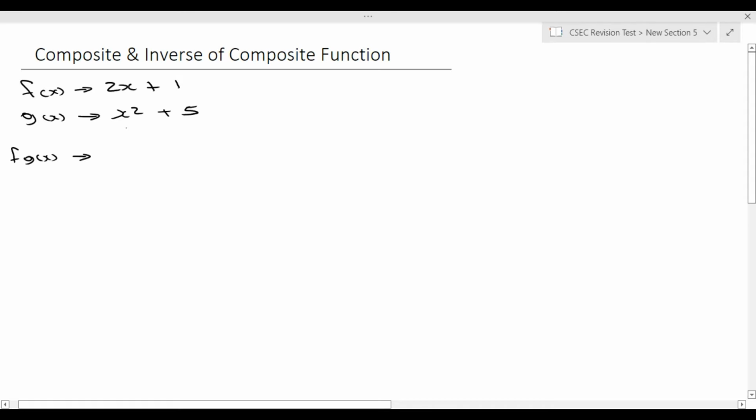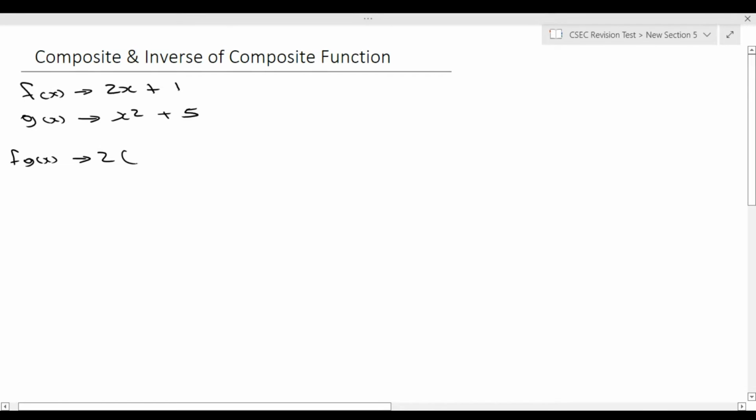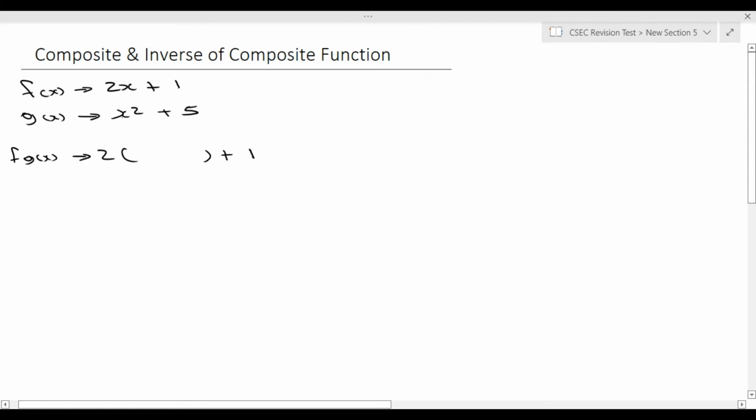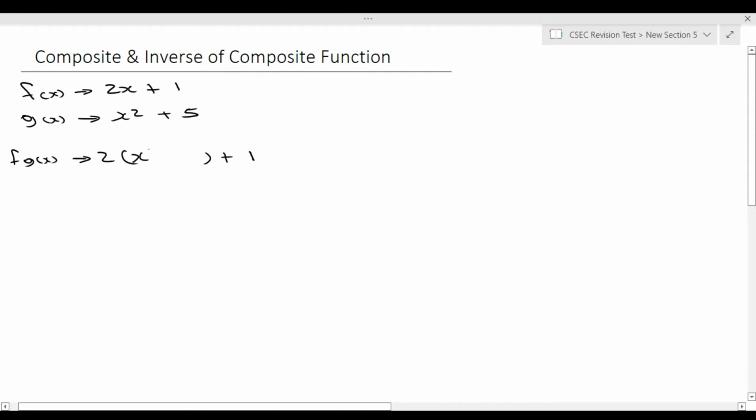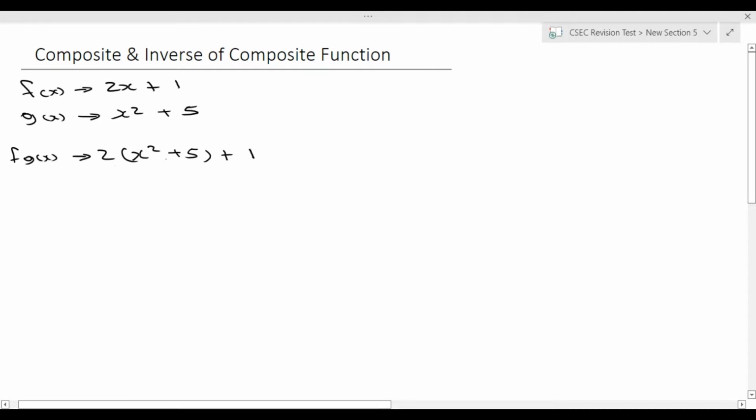What this means is our f function, which is 2x plus 1. We're going to substitute our x, in which we are going to input the g function into the f function. So we have our f function on the outside, and our g function on the inside, which is x squared plus 5.